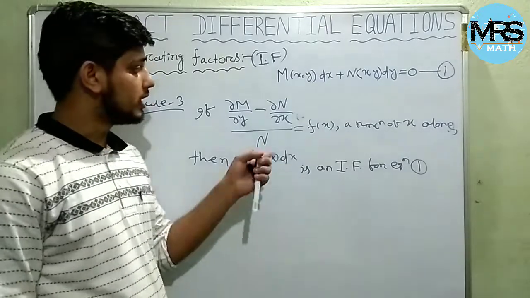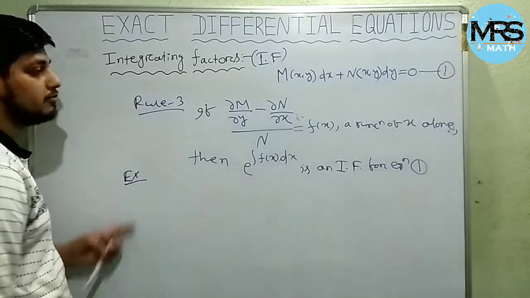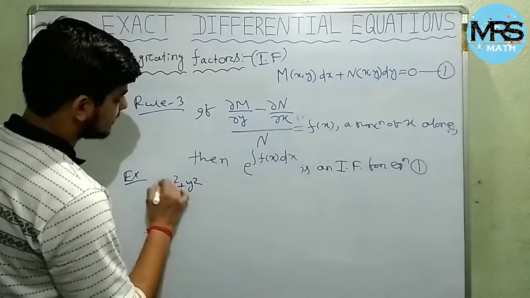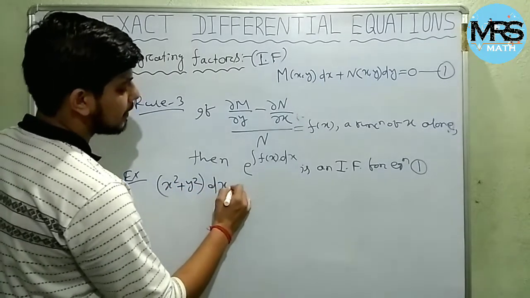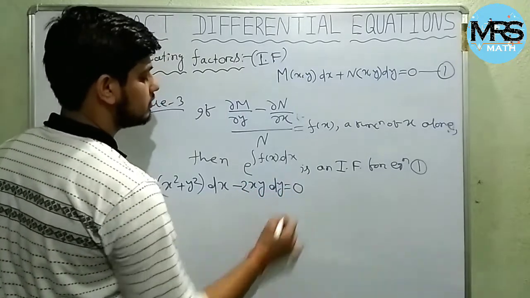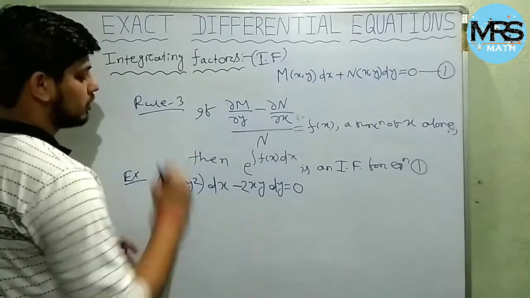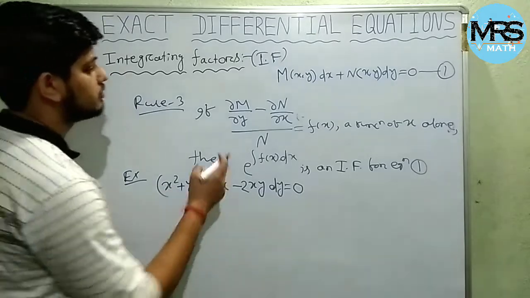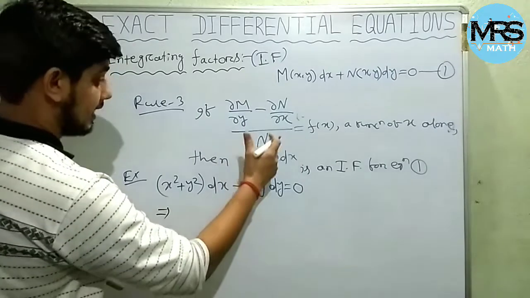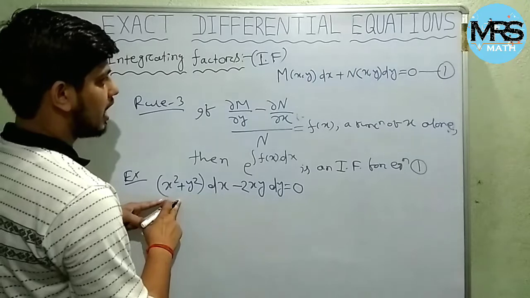Okay students, so let us verify this rule number 3 by taking an example. The example is x square plus y square dx minus 2xy dy equal to 0. So let us solve this one by using rule number 3. So here first we have to check whether del m by del y minus del n by del x over n, what it comes. So this is m in this case.